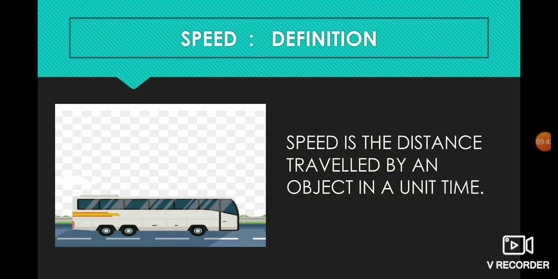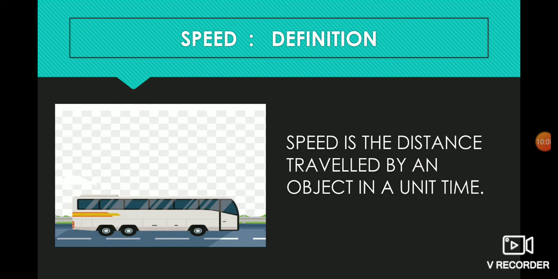So, coming to the definition of speed. We already said that it tells us how fast an object is moving, right? So, speed is the distance traveled by an object in a unit time. What is the unit time? 1. So what is speed?